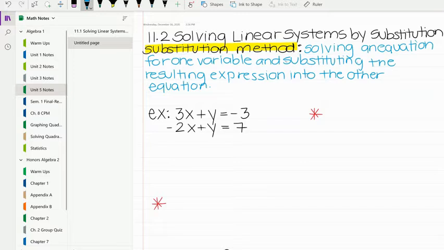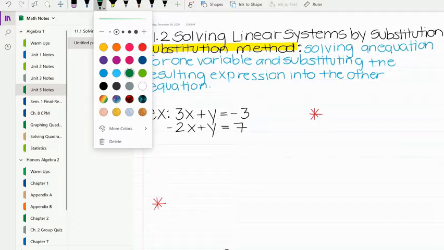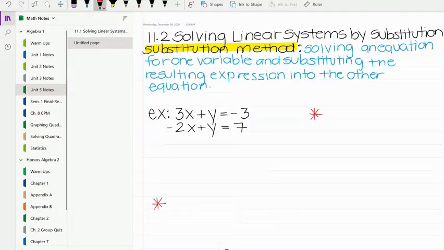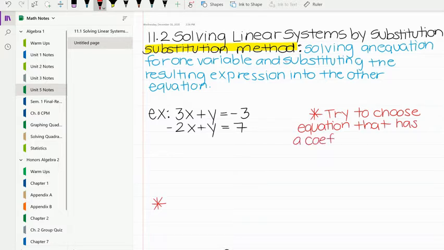So we're going to start off with 3x plus y equals -3 and -2x plus y equals 7. The first thing I'm going to make a little note here is you want to, and I'm saying try because you can't always, try to choose an equation that has a coefficient of 1.